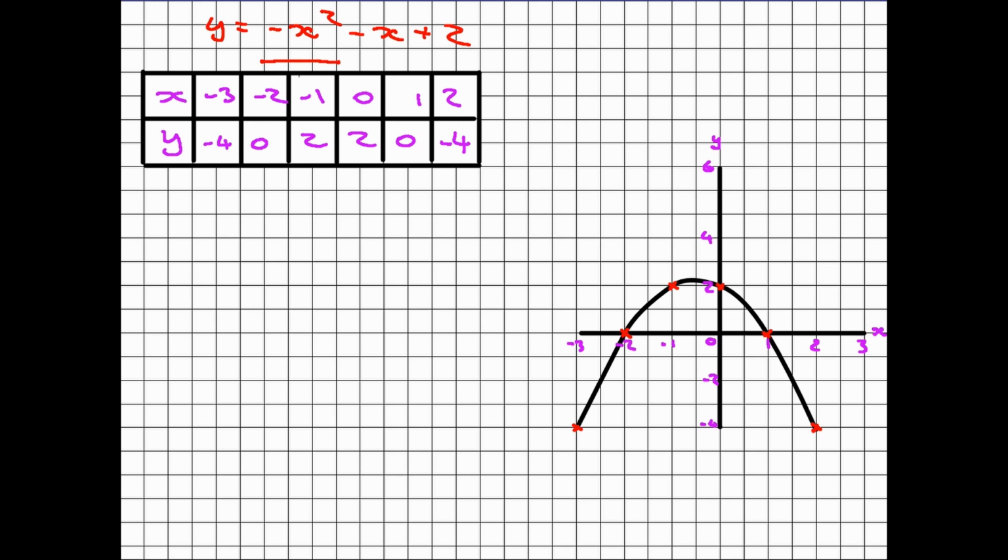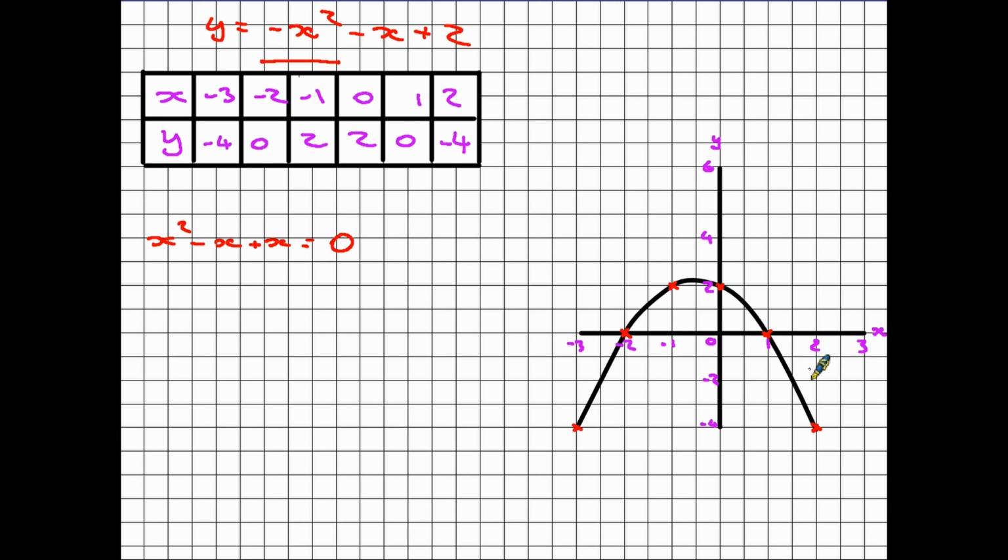Now let's have a look at solving the equation. We were asked to solve minus x squared minus x plus 2 equals 0. Again, we are looking for where the line crosses the x-axis, where the values of y are 0.